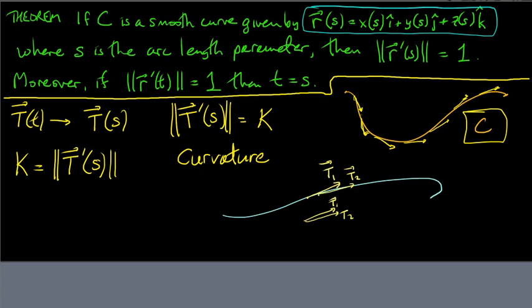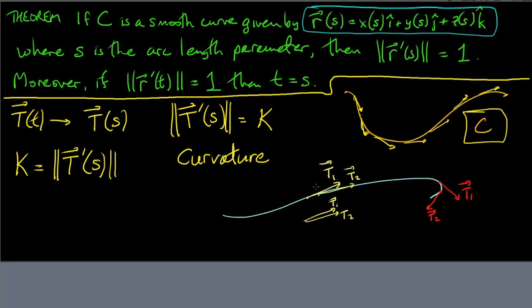On the other hand, if you go over in this direction here, if this is my point for T1, so this is the vector for T1, and then again, I just move a little bit to a neighboring point, and now I take the unit tangent vector. Look how much it's changed. Look how much the direction has changed. So curvature is simply a measure of how quickly the curve is curving.